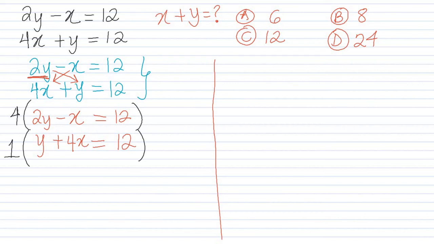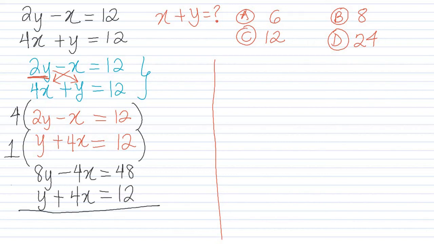So 4 times 2y is 8y, and 4 times negative x is negative 4x, equals 48, and then y plus 4x equals 12, because it's just a repeat of the other one. So what I'm going to do here is add. 8y plus y is 9y, and negative 4x plus 4x is 0, equals 48 plus 12, which is 60.